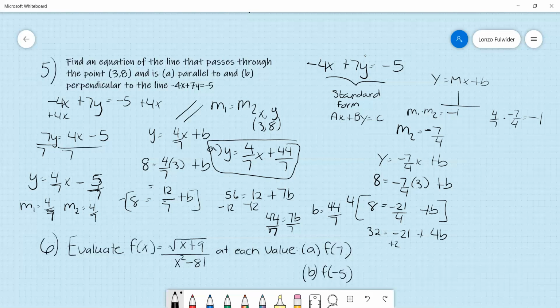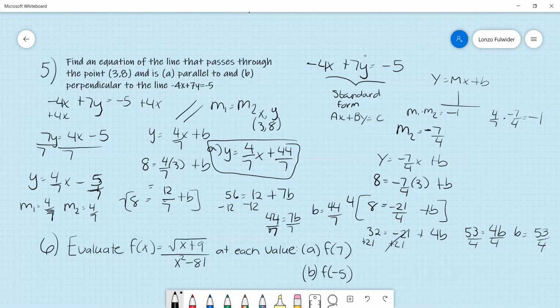So you're going to add 21 to both sides, and let me put this in the calculator because I didn't do it. So 32 plus 21 is 53. So this cancels. 53 equals, now you're left with 4b on the right side. And then divide by 4, divided by 4. So b equals 53/4, right?